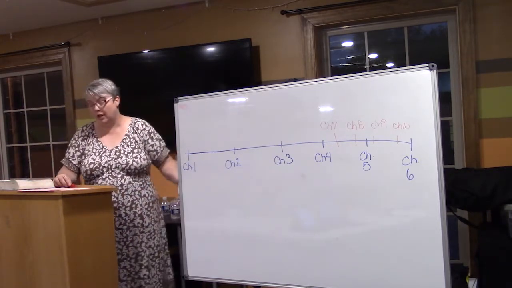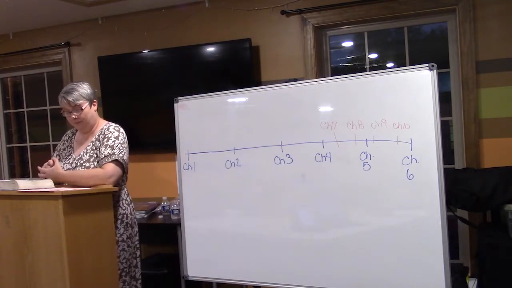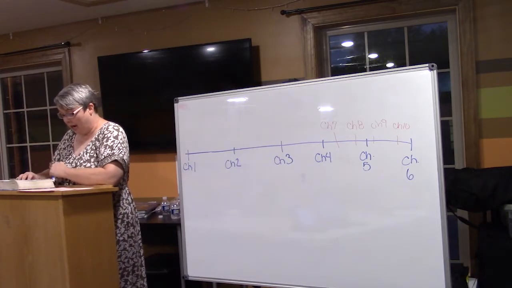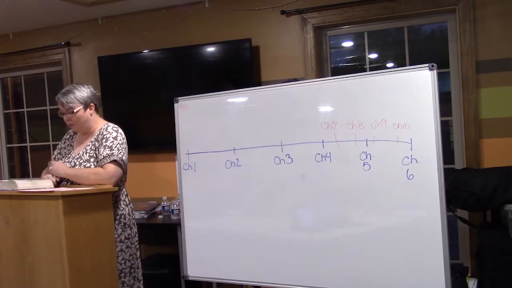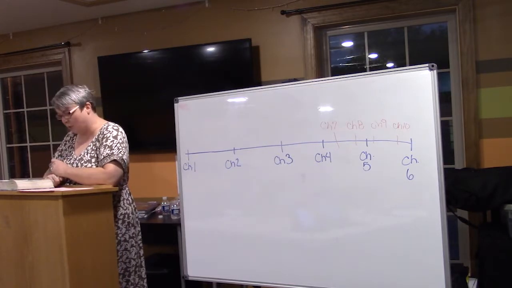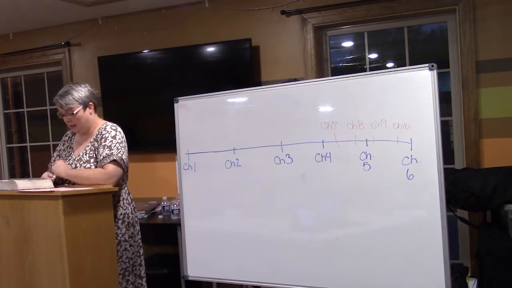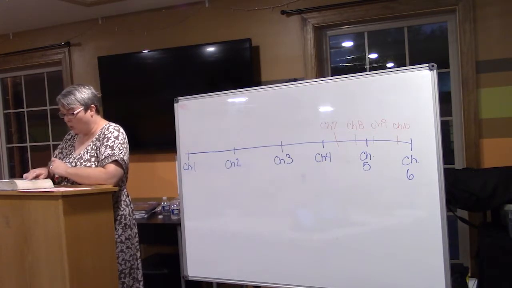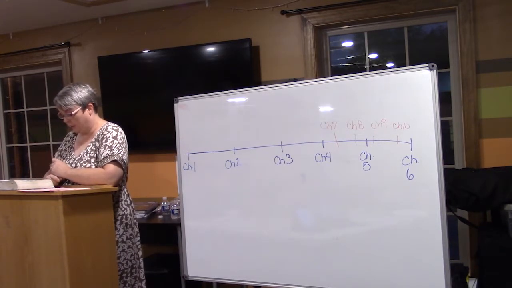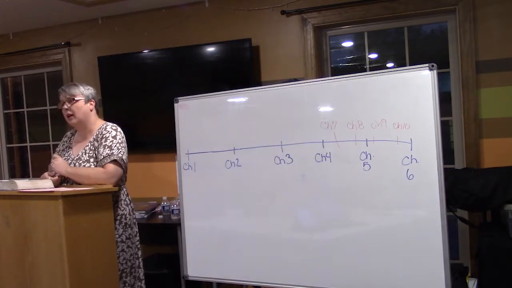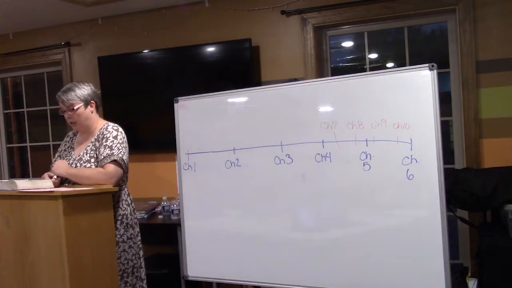What did Daniel have? A big vision again. Yeah, a vision, but what was it a vision about, according to verse 1? Well, it was one of great conflict. But it says he actually understood the message. And he actually had an understanding of the vision.